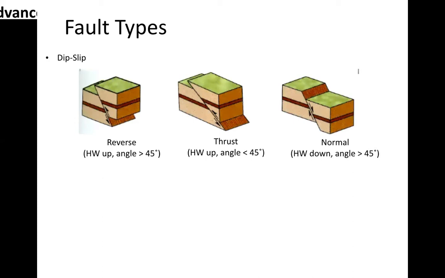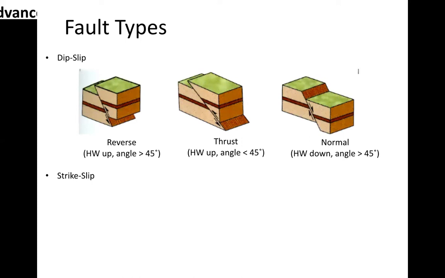And normal faults occur as hanging wall down motion at an angle typically greater than or equal to 45 degrees. The lower angle version of a normal fault is called a detachment, which is not shown here.